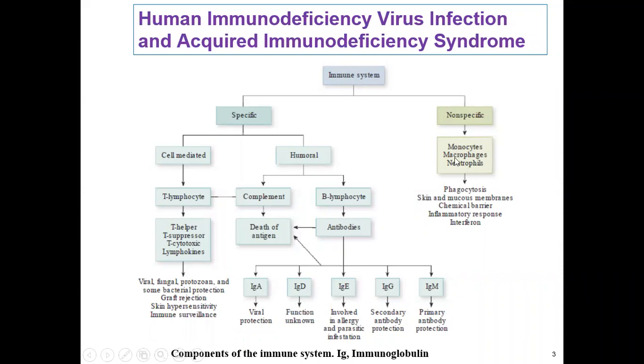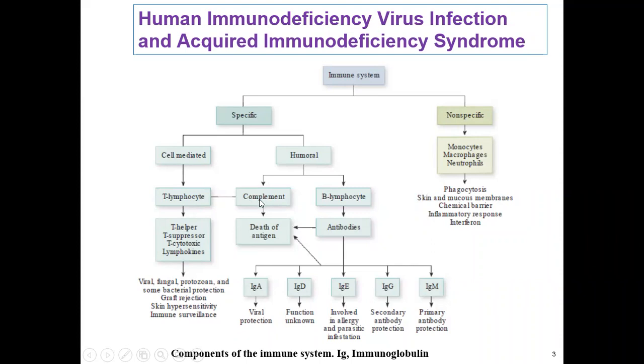They are motile, they like to fight with bacteria, and they defend our body because of phagocytosis properties. And on the other hand, specific: cell-mediated and humoral.